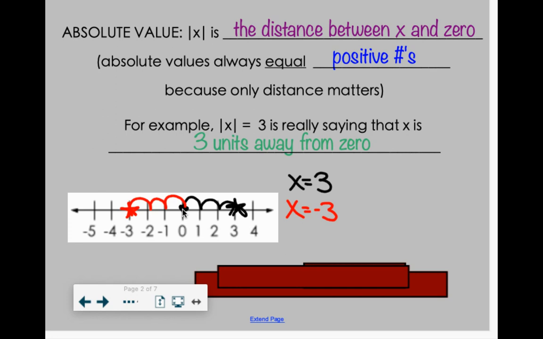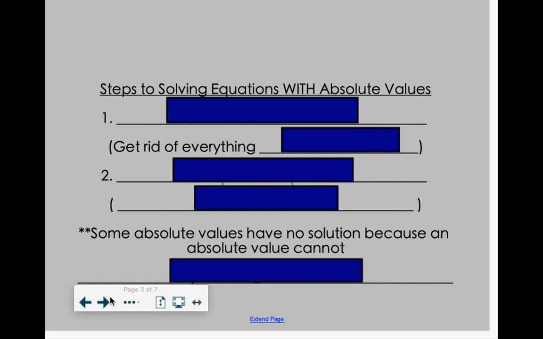Okay? But good news is I have steps for you guys. I want you to follow these two steps. Tomorrow we add the third step. So one of the reasons why I split the sections up is because today you're going to see the absolute value of x, but I might add something right here.